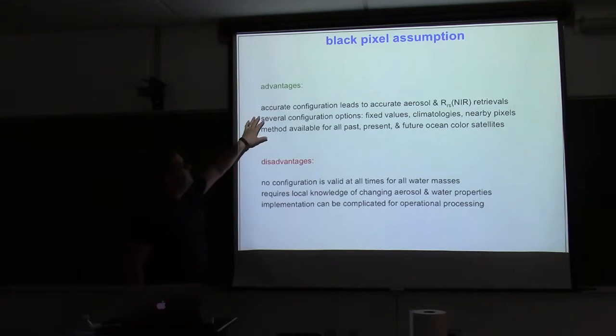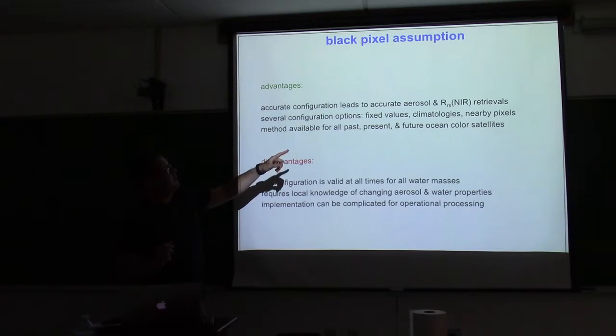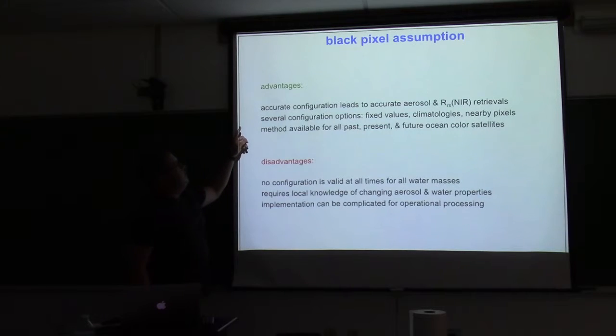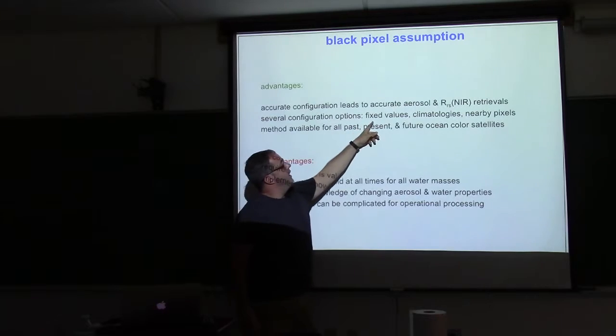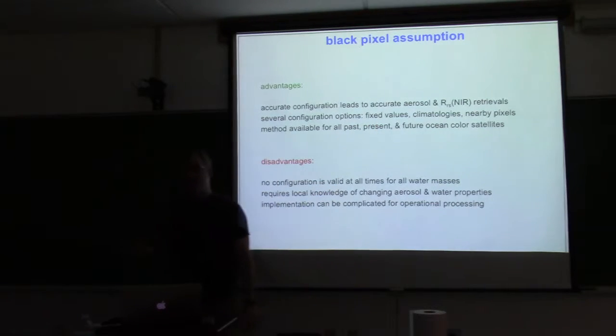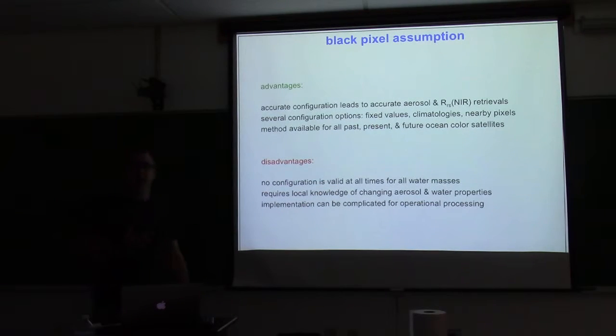The advantages of this kind of approach is when you configure it accurately, it leads to accurate aerosol retrievals and remote sensing reflectance retrievals. You could implement this a couple of different ways. You can put in fixed values like I did, but conceptually, you could use climatologies if you had enough information so that you knew what the temporal signal might be for your neck of the woods.